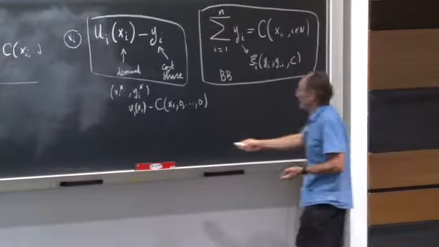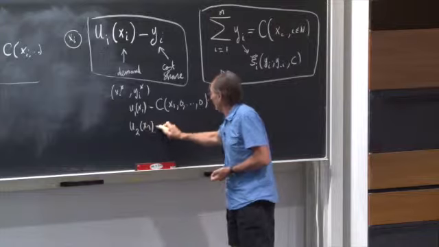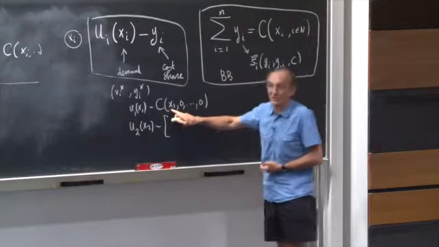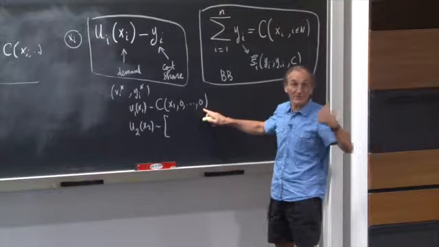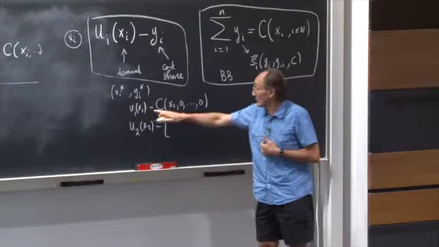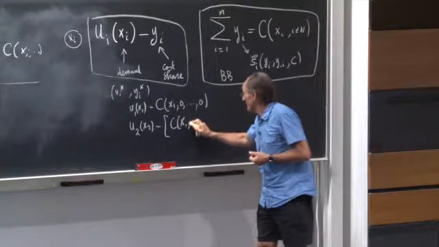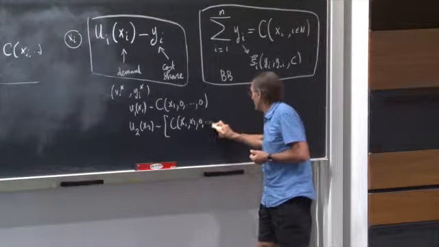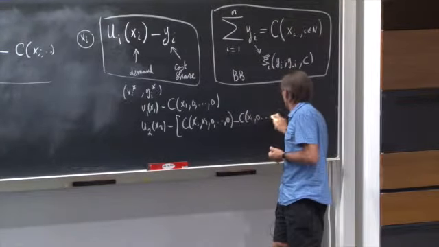Then you go to the second person and you say, okay, now you're going to have to pay the incremental costs above and beyond what the first guy has already demanded and obtained. The deal is done for x1, so now he has to pay C of x1, x2, 0, 0 minus C of x1, 0, 0.